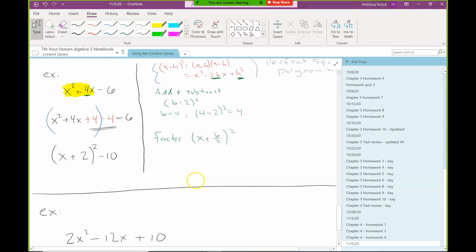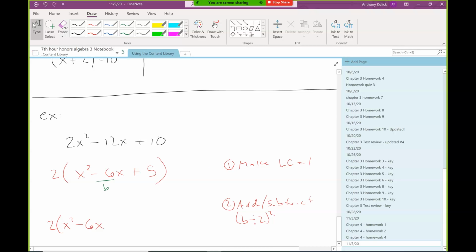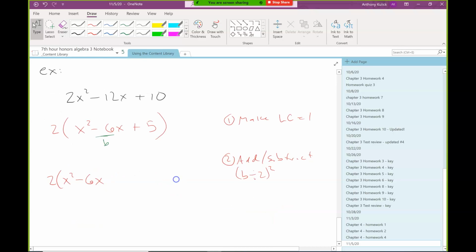Right, because before we didn't have a parenthesis already there. You guys know that? Notice that? Here we have a parenthesis already there. So where's the plus 9 and minus 9 going to go? Should it go inside the parenthesis or outside of it? It's going to go inside.